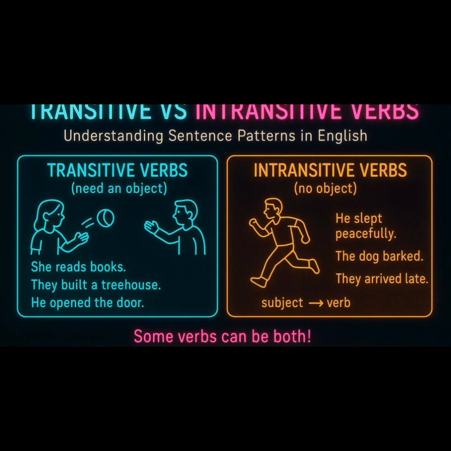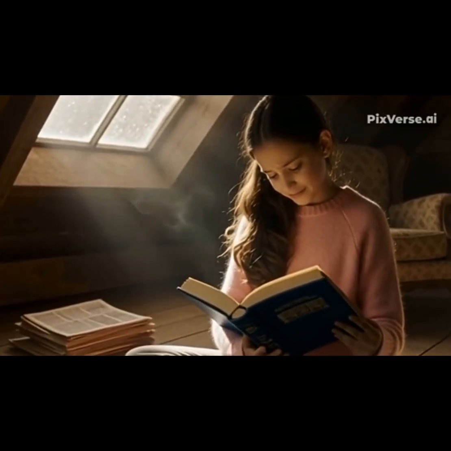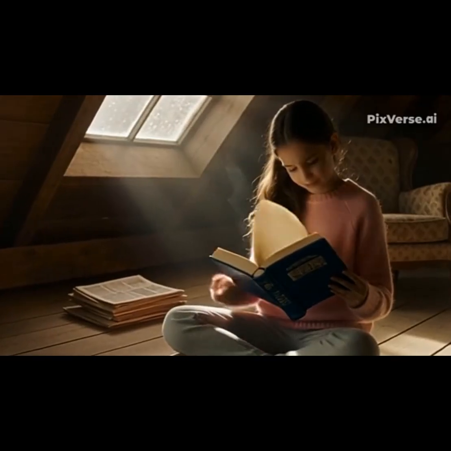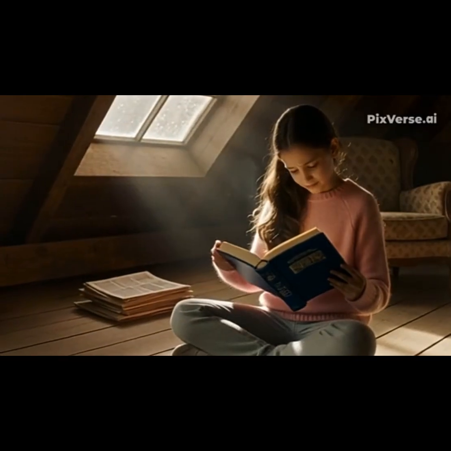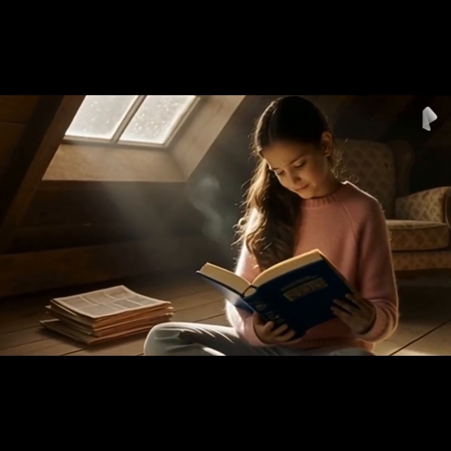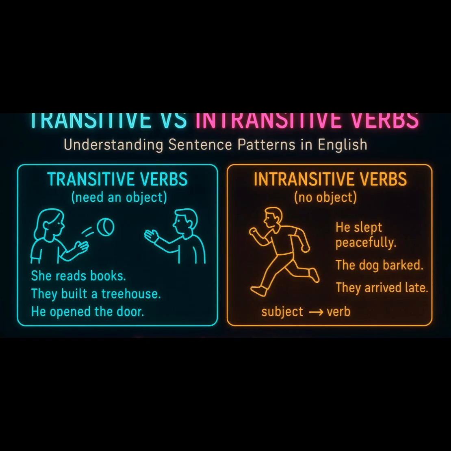If we take an example, she reads a book. Here, without book, the sentence feels incomplete, like, she reads. Then we naturally ask, what is she reading? So here, if we ask what or whom after a verb, and there is an answer, then it's called a transitive verb.